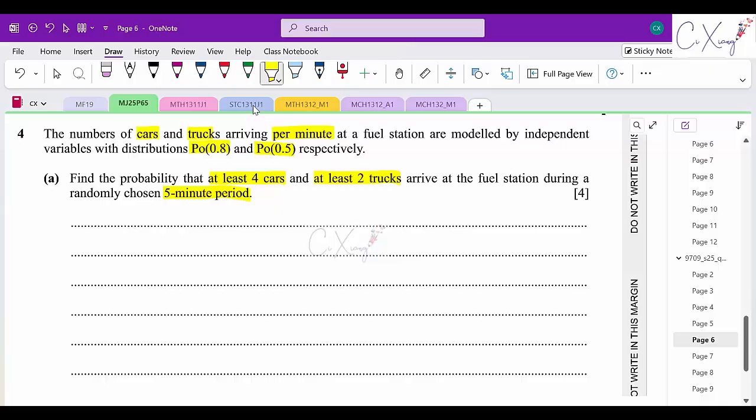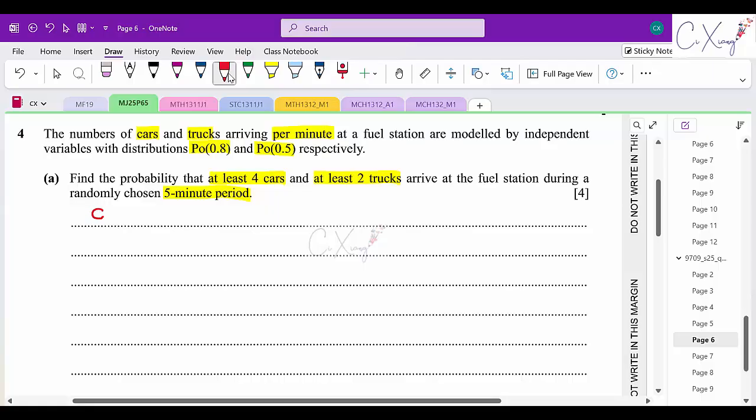So for this question, we are having Poisson distribution and 2 types of vehicle, car and truck. And the lambda given here is per minute. You can see from here, right? Per minute. And now when they want us to calculate the probability, we are interested in the 5-minute period. Therefore, we have to change the lambda first.